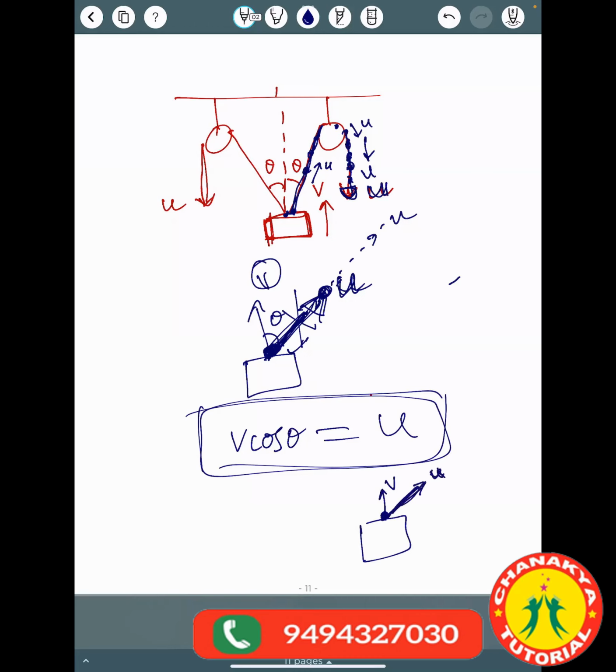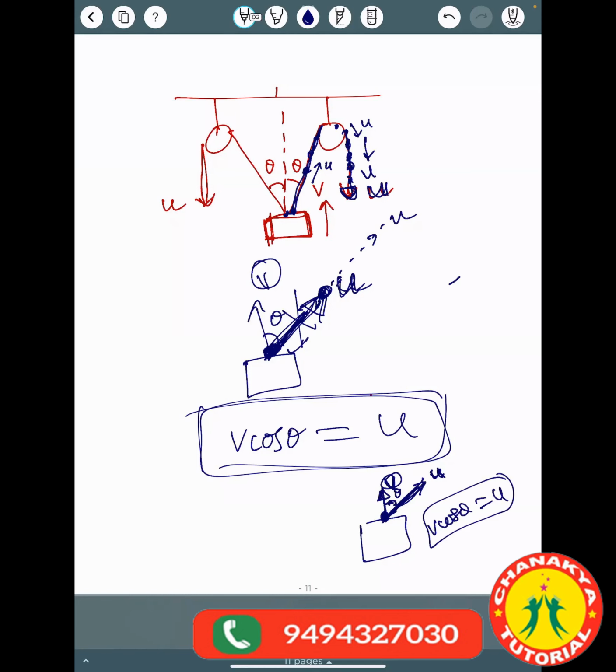Along the string, the velocities should be the same. Since the rope is touching the block, this point is moving up with V and this angle is theta. So the component of velocity along the string is V cos theta, and that has to be equal to U.